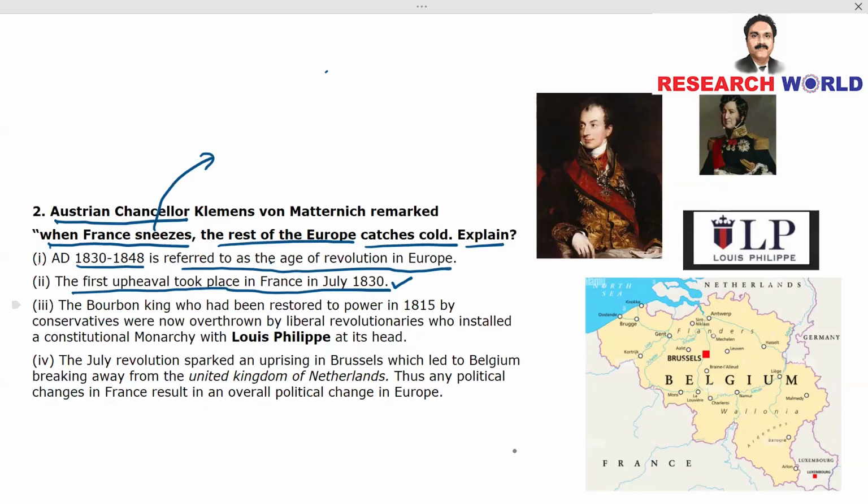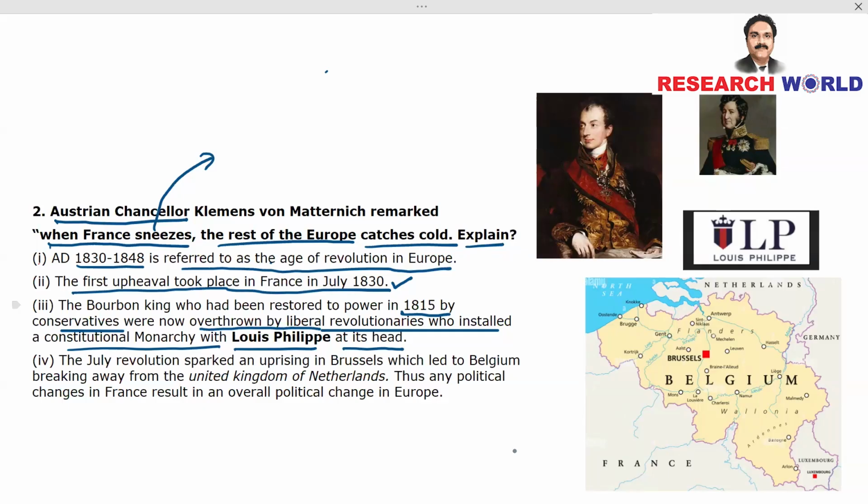The Bourbon king, who had been restored to power in 1815 by conservatives, was now overthrown by liberal revolutionaries who installed a constitutional monarchy with Louis Philippe at its head. Okay, so the Bourbon king of France, who had been restored to power in 1815.